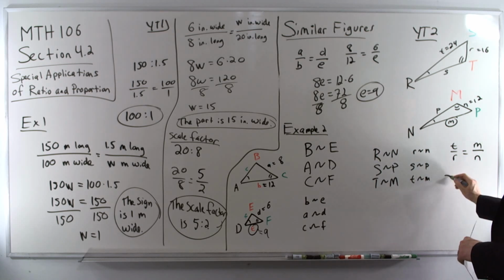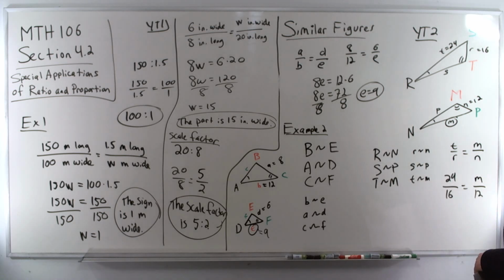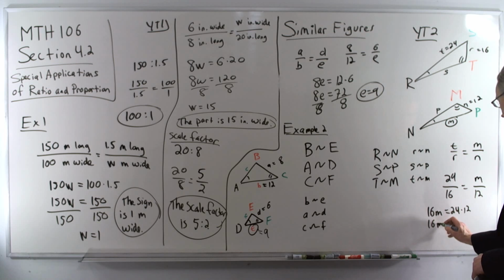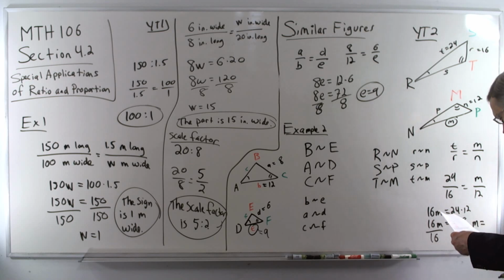All right, let's plug in the values. 24 over 16 equals M over 12. Cross multiply to solve. So 16M equals 24 times 12. That gives us 16M equals 288. Divide both sides by 16, and M equals 18.